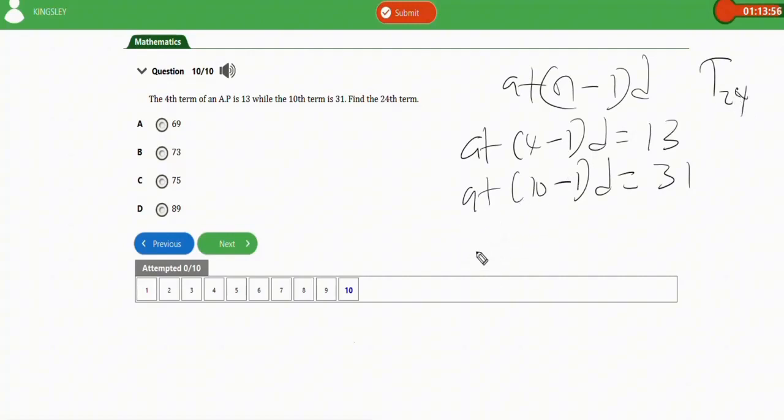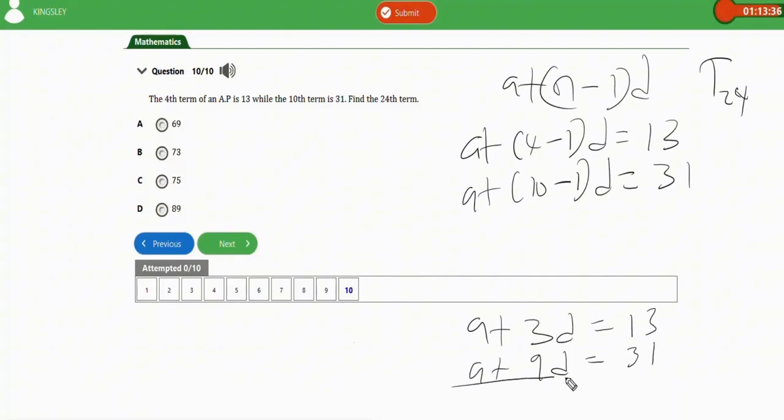So basically, when you simplify, this is same thing as, let me write it here, A plus 4 minus 1 is 3 times D, so A plus 3D equals 13. So we have A plus 10 minus 1 is 9 times D. We have A plus 9D equals what? 31.